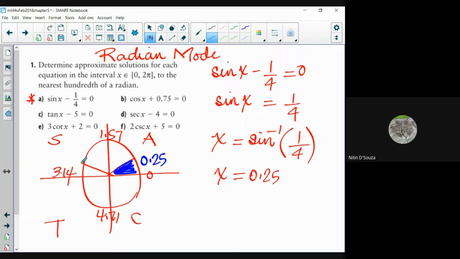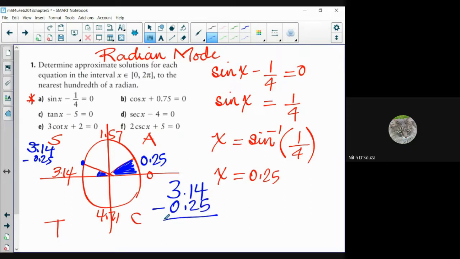So to find this angle, you got to do 3.14 minus 0.25. Let me write that smaller.